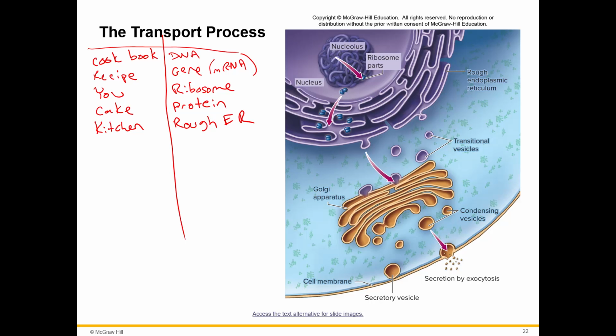Once your cake is baked in the kitchen, you're going to get into your car, or the protein is going to get into a vesicle, and you're going to drive to the post office.